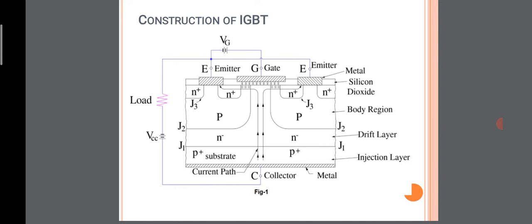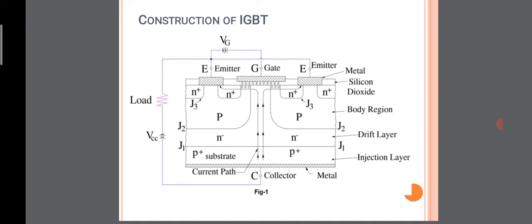When the collector is made positive with respect to the emitter by voltage VCE, with gate emitter voltage more than the threshold voltage VGET of IGBT, an N-channel or inversion layer is formed in the upper part of the P region just beneath the gate. This N-channel short circuits the N-negative region with the N-positive emitter regions.